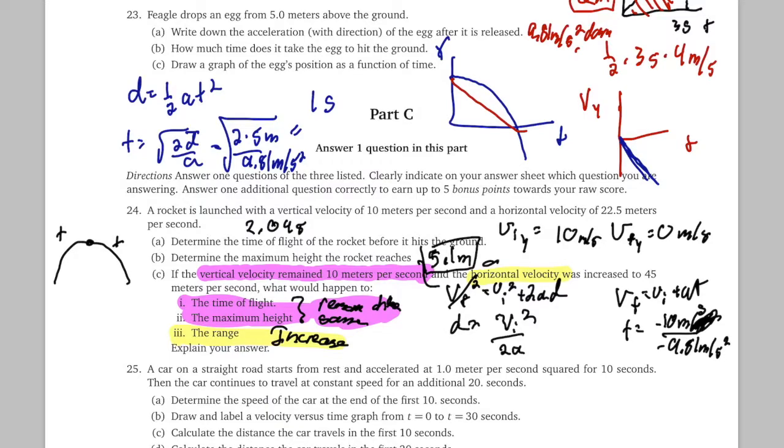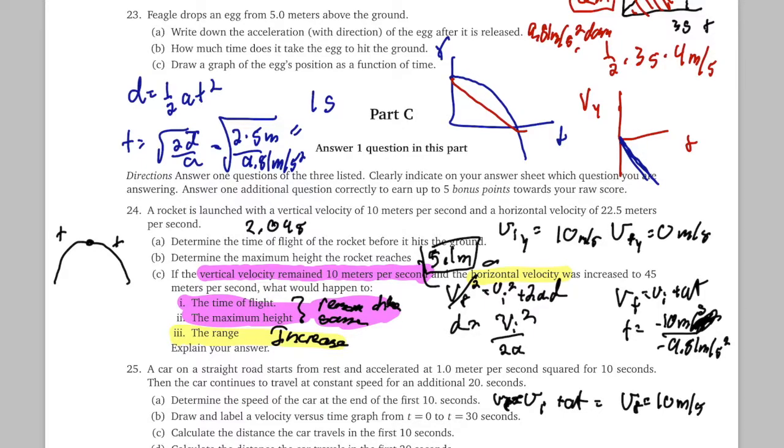All right, for our last question here, a car on a straight road starts from rest and accelerates at 1 meter per second squared for 10 seconds. So after the first 10 seconds, we'd have v final equals v initial plus at. So I would do 10 seconds times 1 meter per second squared, and I get v final equals 10 meters per second.